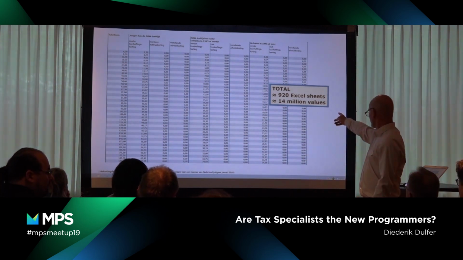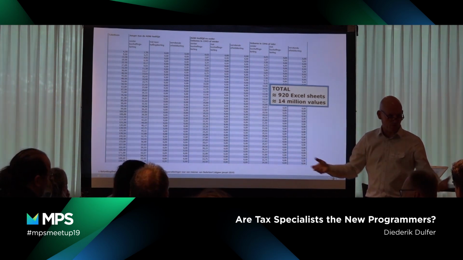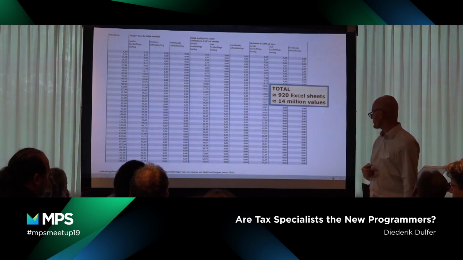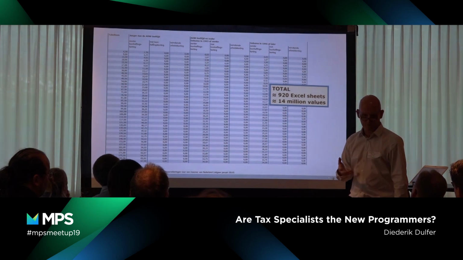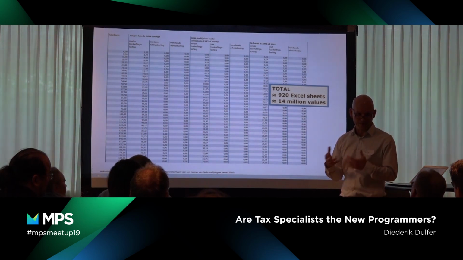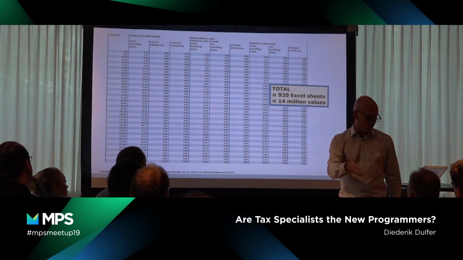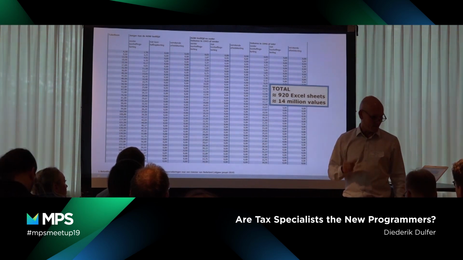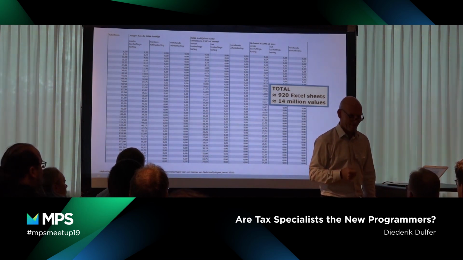There are currently 920 Excel sheets with around 40 million values. And of course we had a very good tool to create this before we used MPS. And guess what that was? Of course, Excel.